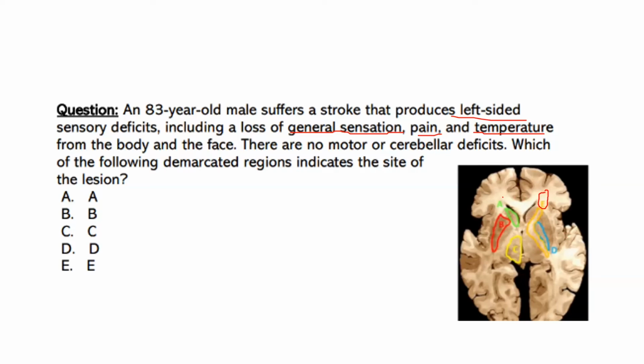They're all going to present with some form of motor or cognitive deficits, right? C here is the thalamus, and that's where all of the sensory tracts are going to converge before they start to spread out in the cortex. All right? And so the answer here is C.